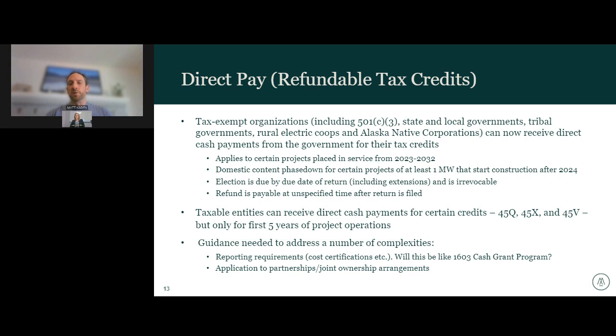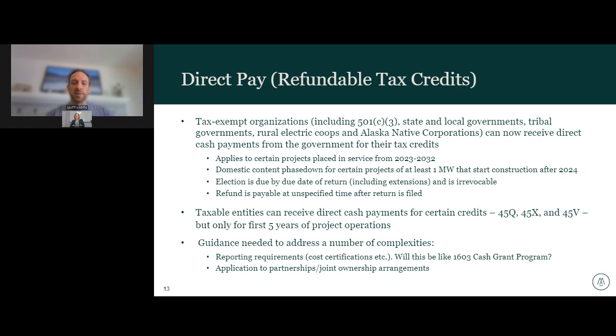All 3 of those allow for 5 years of cash payments. And then I think the thought is either the government will extend that for another 7 years, or it would be necessary for those developers to find some other way to finance those credits after that 5-year period.